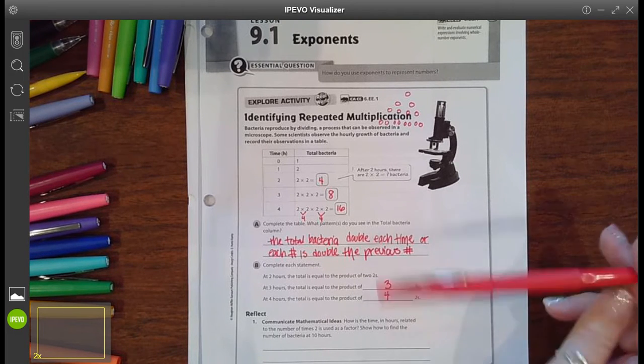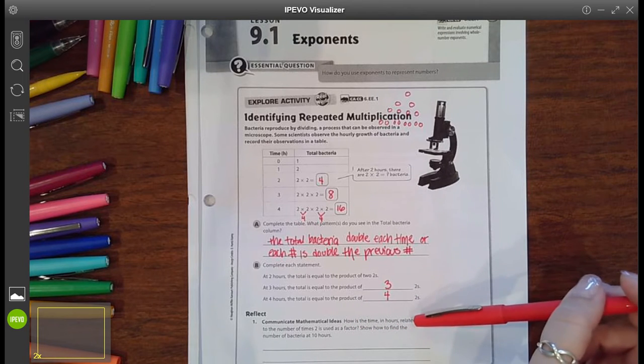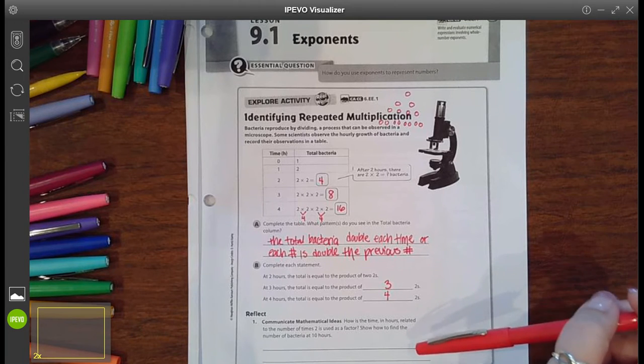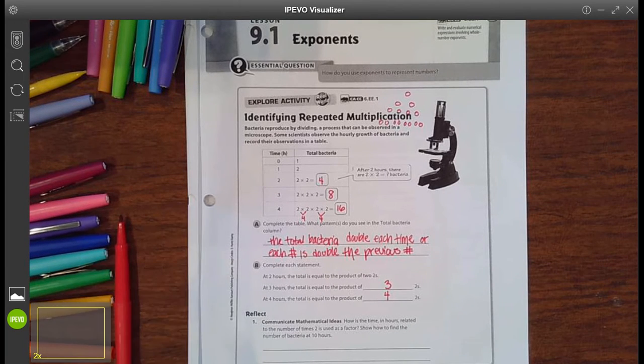To reflect and communicate mathematical ideas, how is the time in hours related to the number of times 2 is used as a factor? What do you think? That's the first question. How is the time in hours related to the number of times 2 is used as a factor?